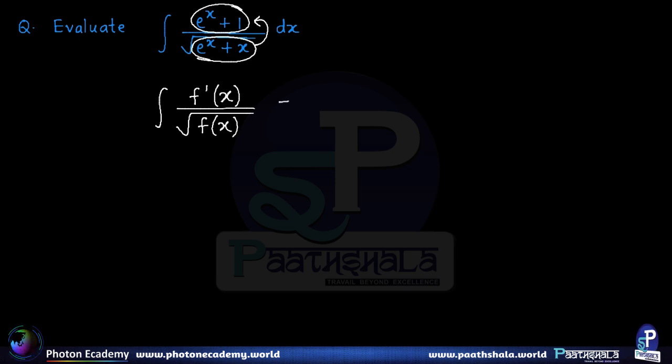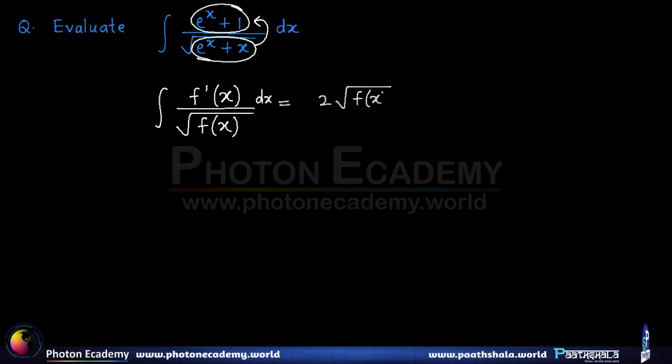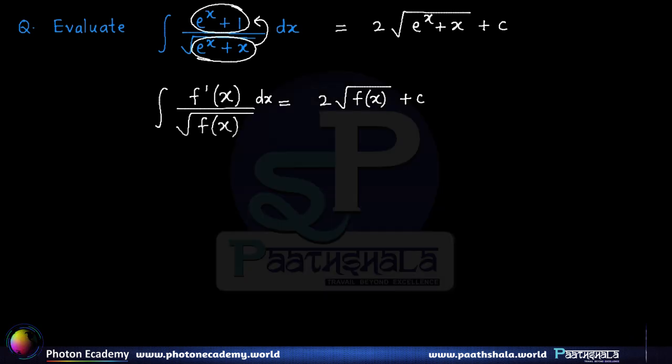And we know that the integral of f dash of x upon root of f of x is nothing but 2 root f of x plus c. So the answer of this question will also be 2 root e raised to x plus x plus c. So that is how we use the substitution method and its corollaries.